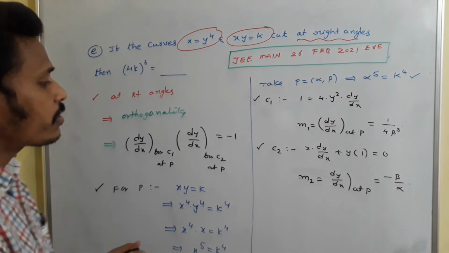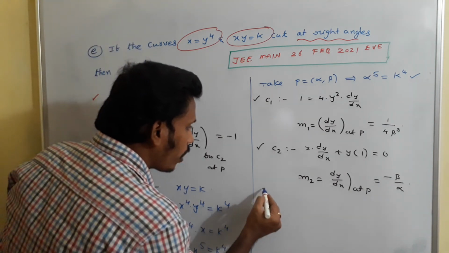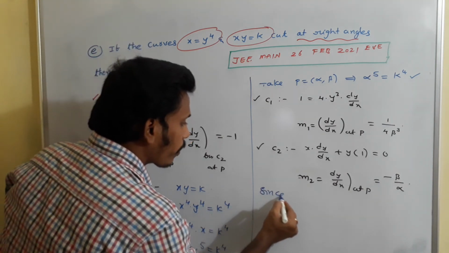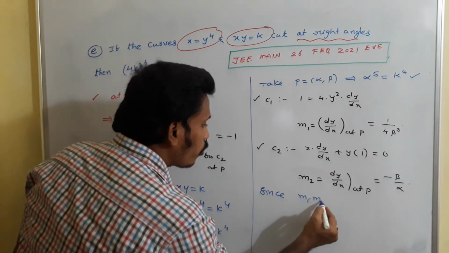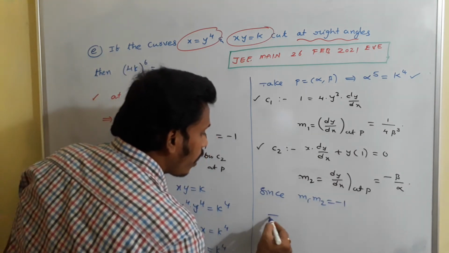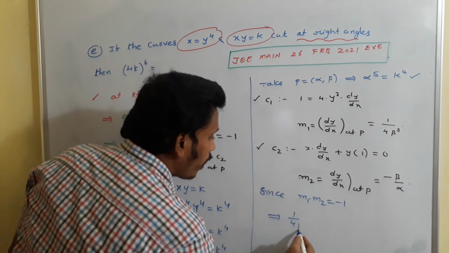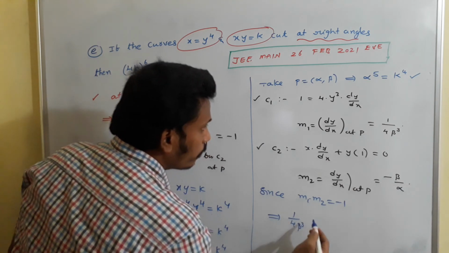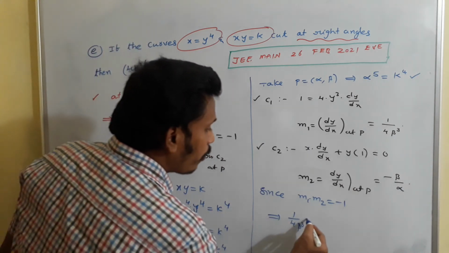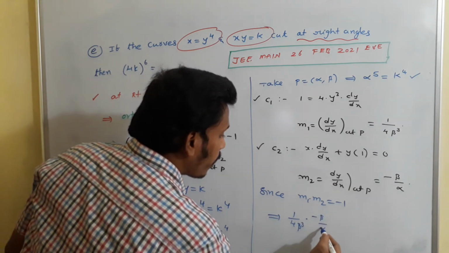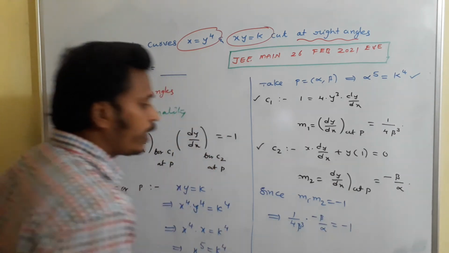As per the problem, since the curves intersect orthogonally, m1 into m2 is equals to minus 1. Our m1 is 1 by 4 beta cube, and our m2 is minus beta by alpha, equals to minus 1.